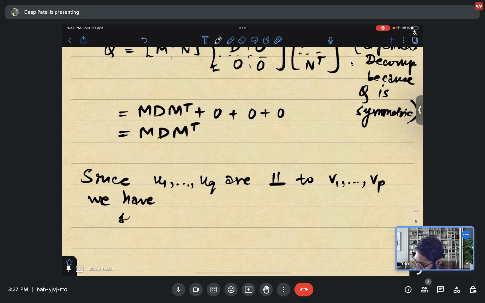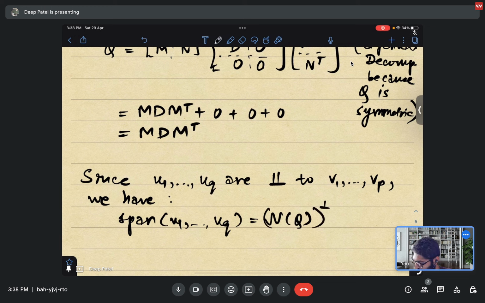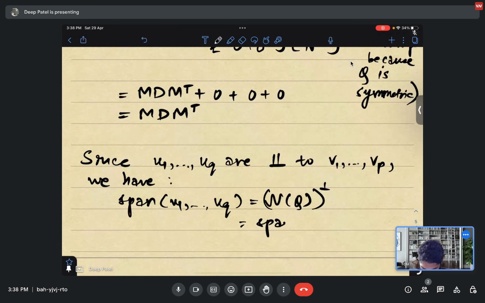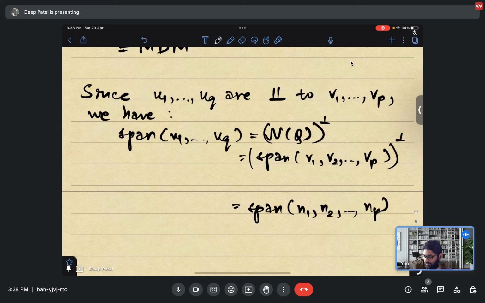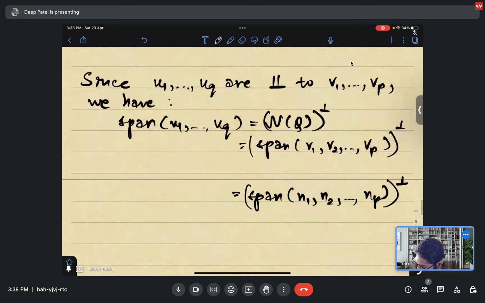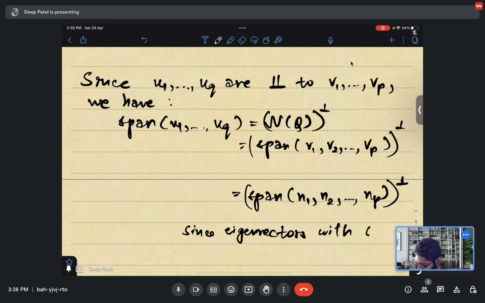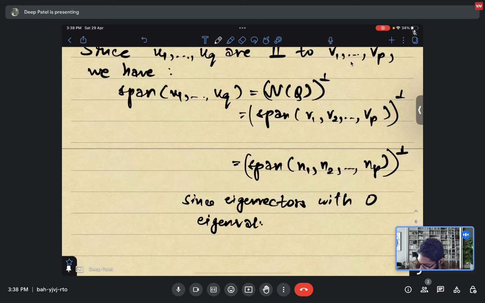We have the span of u1 to uq, nothing but the orthogonal complement of the null space of Q, which is the orthogonal complement of the span of v1 to vp, and this is the orthogonal complement of the span of the n1 to np vectors, because eigenvectors with zero eigenvalue span the null space of Q. Right?